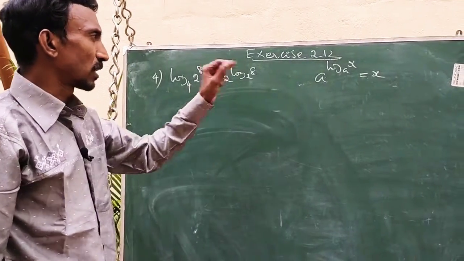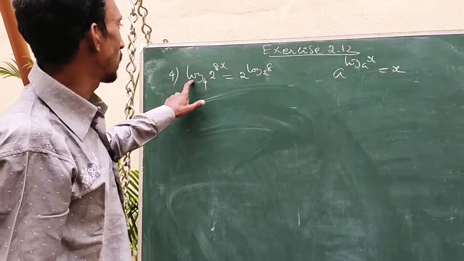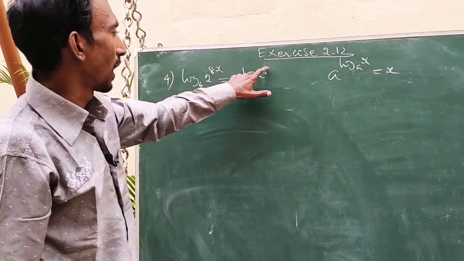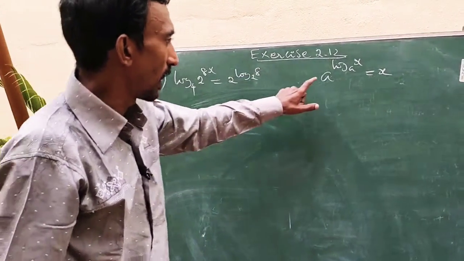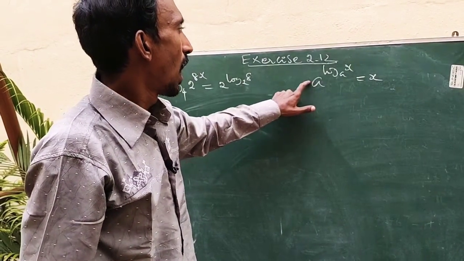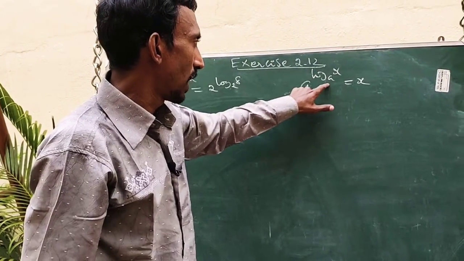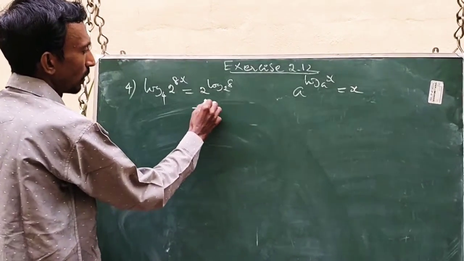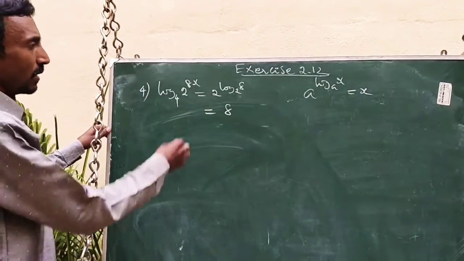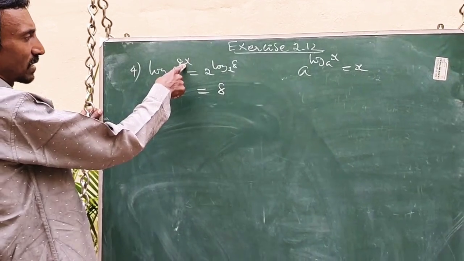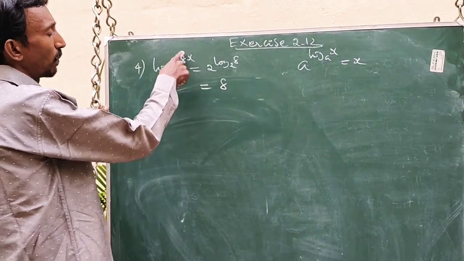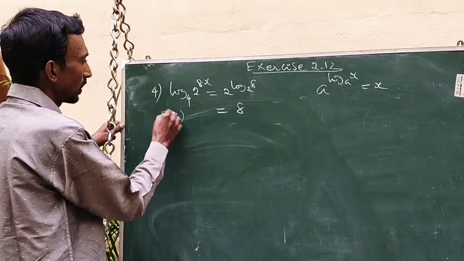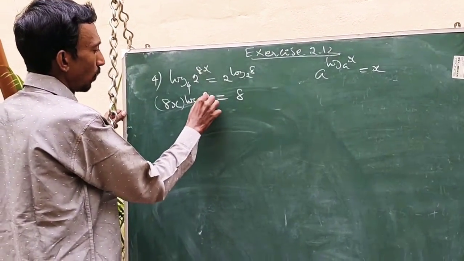Question number 4 in the exercise 2.12. Solve log 2 power 8x base 4 equal to 2 power log 8 base 2. Look here, we have the first property, a power log x base a is x. Apply the property for the right hand side, so it becomes 8. Then apply the power rule for the left hand side, log a power b equal to b log a. We are getting 8x into log 2 base 4.